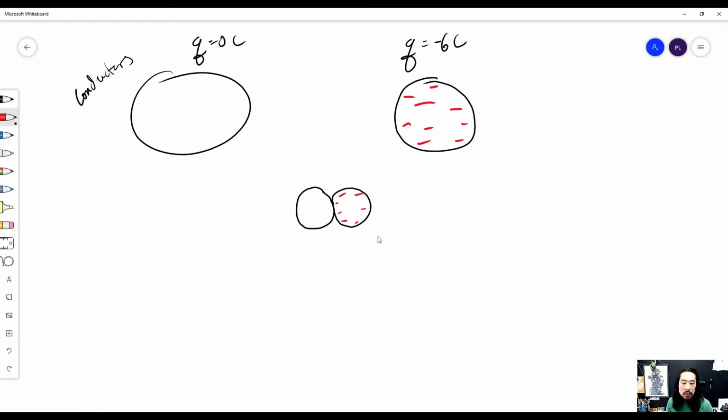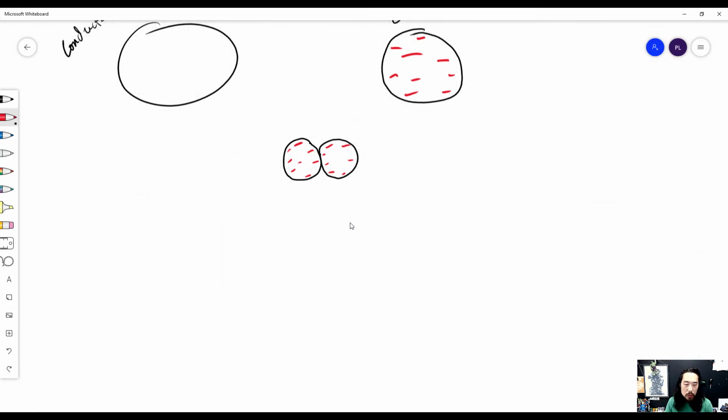So what happens is some of the negative charges jump onto the other object. I drew it just to show you that there's an overall negative charge, but the better way of showing the redistribution of the charges would look something like this. Remember, the charges are as far away from each other as possible.